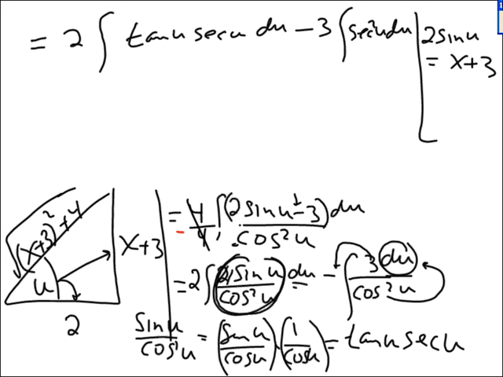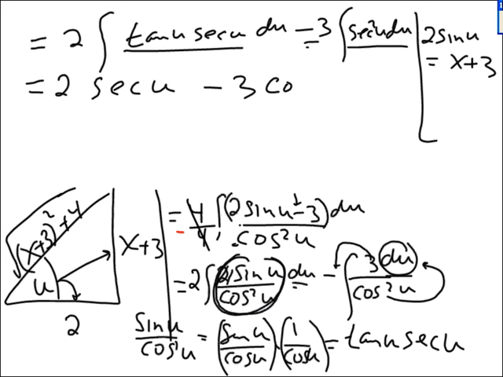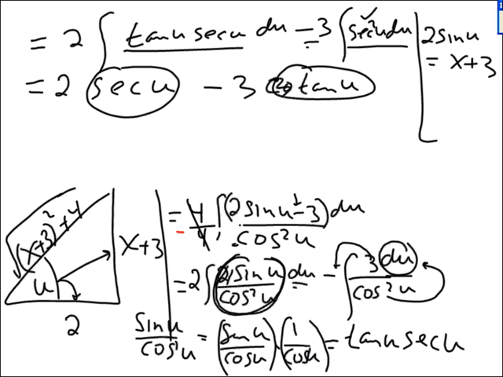Okay, now we're almost done. The integral of this is secant of u, minus 3 times the integral of secant squared u, which is tangent u. I know so, because the derivative of tangent is secant squared u. The derivative of secant u is secant u tangent u, or tangent u secant u.